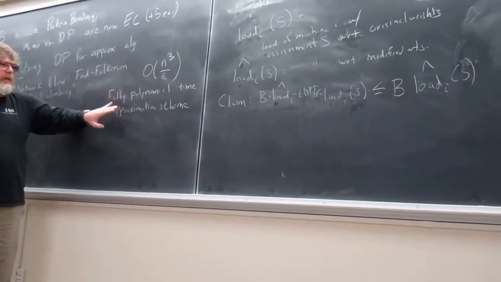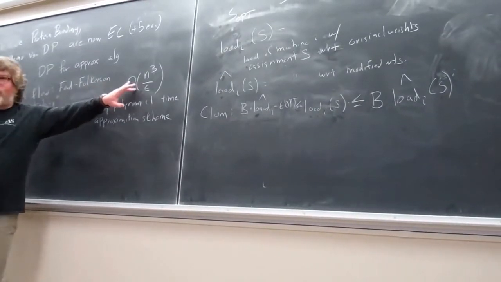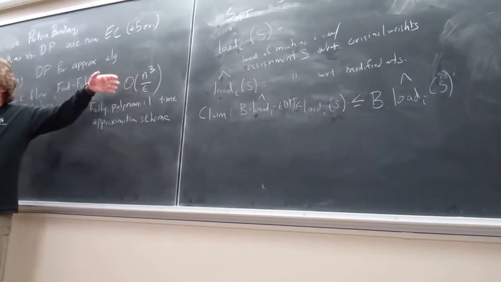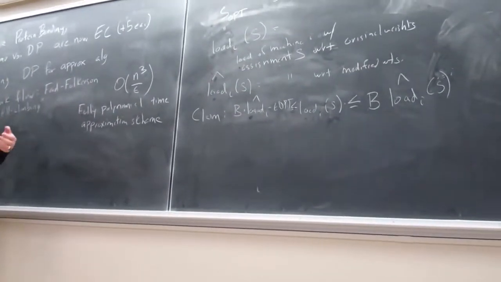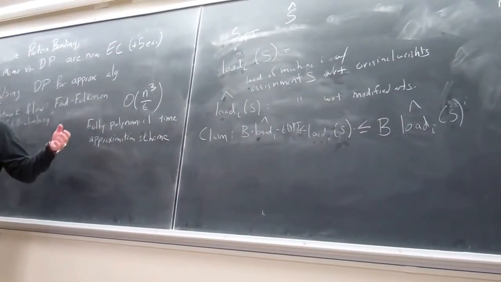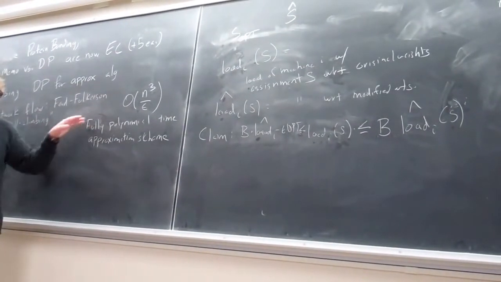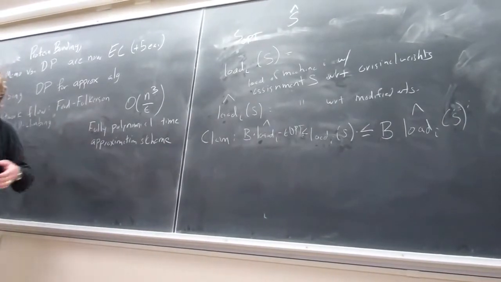Fully polynomial time means that the time we spend isn't exponential in epsilon, it's only polynomial in 1 over epsilon. So if finding an optimal solution is hard, then a fully polynomial time approximation scheme is about as good as you're going to get.